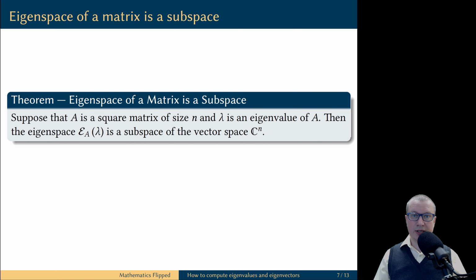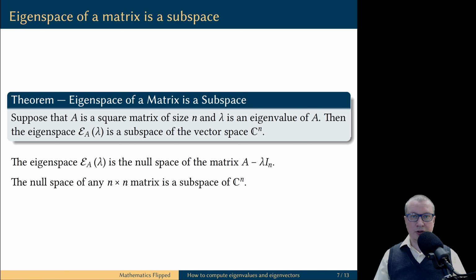And now you see the reason why we had to add the zero vector to the definition of the eigenspace, because if it did not contain the zero vector, it would not have been a subspace. The proof of this is trivial. We just showed that the eigenspace is the null space of some matrix, and we proved previously that every null space is a subspace. See, this is the power of mathematical abstraction and generalization.